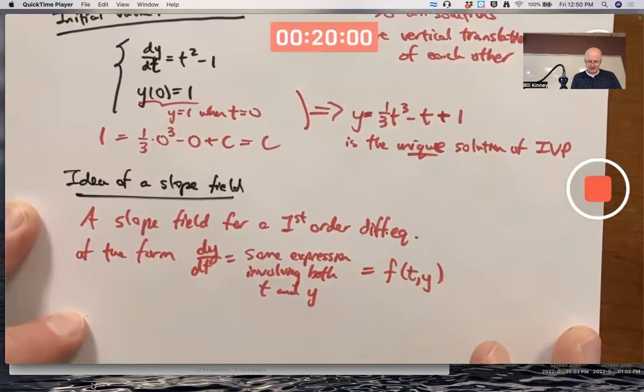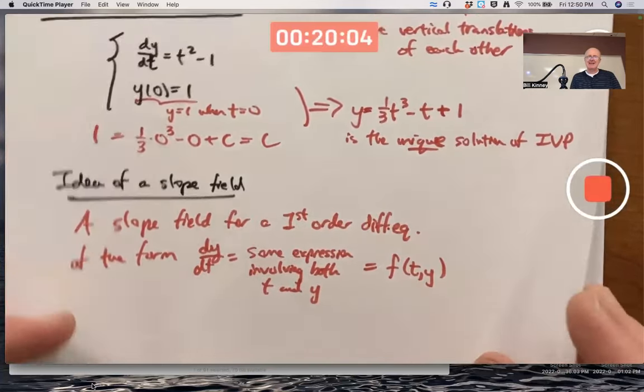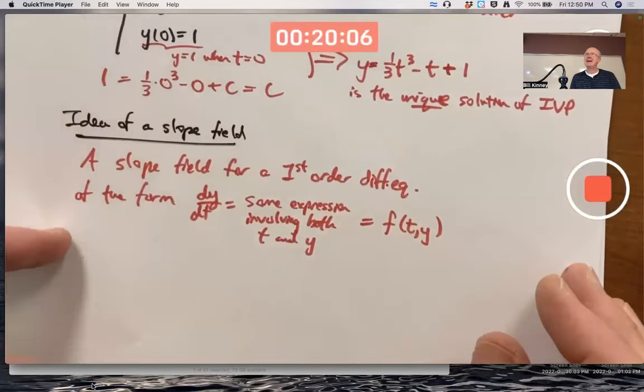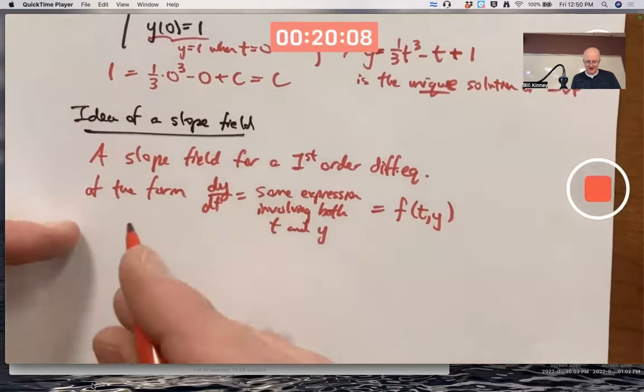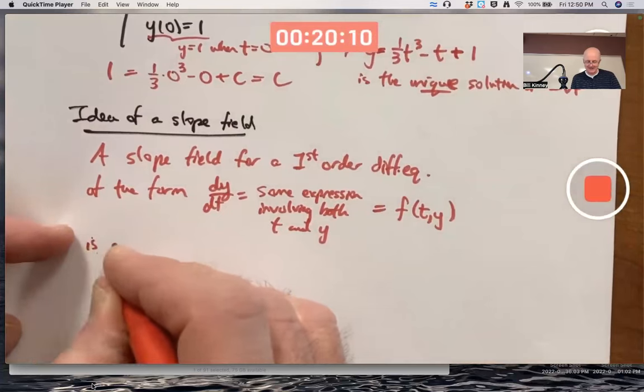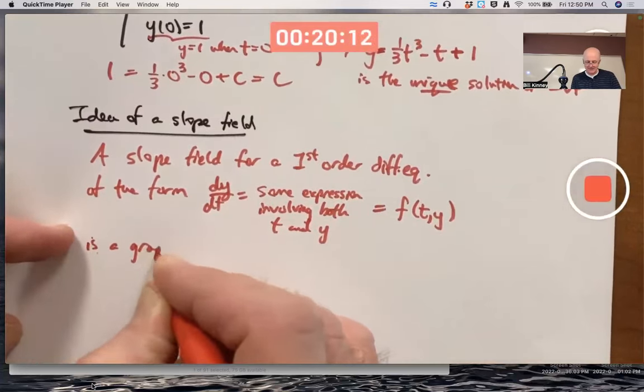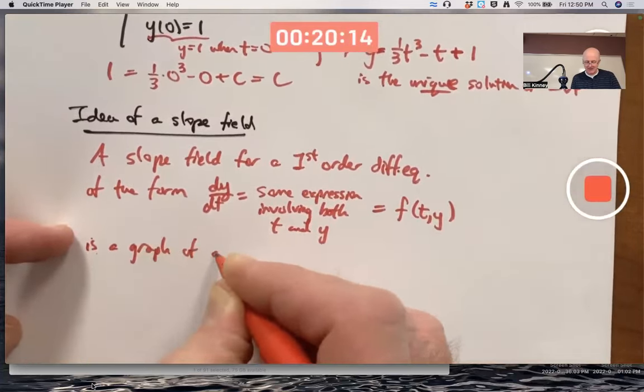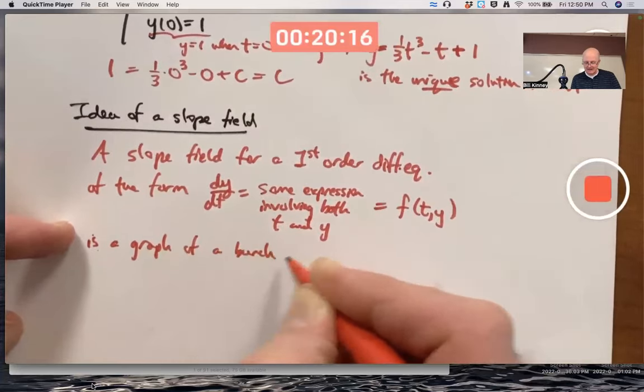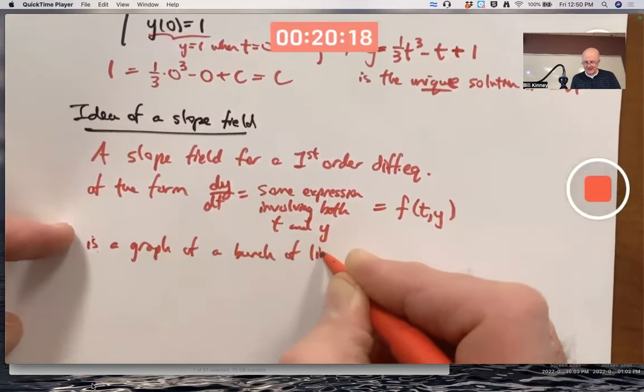A slope field for a first order differential equation is of this form, is a graph, as this is hard to describe, of a bunch of line segments.